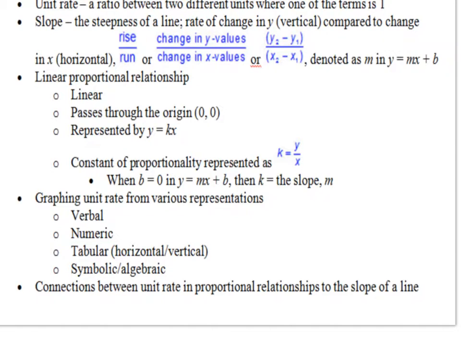And on the other hand, slope is simply the steepness of a line. We also can say that it's the rate of change in the vertical line compared to the horizontal line.